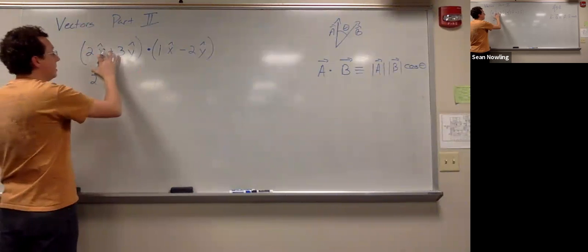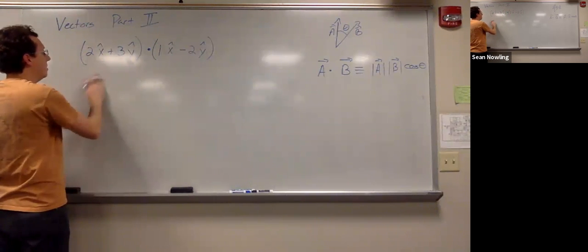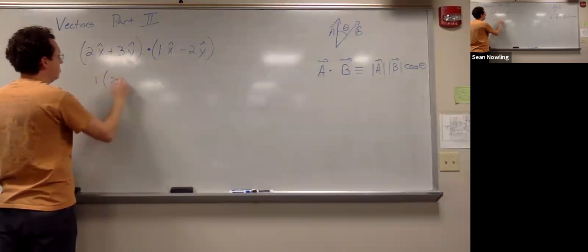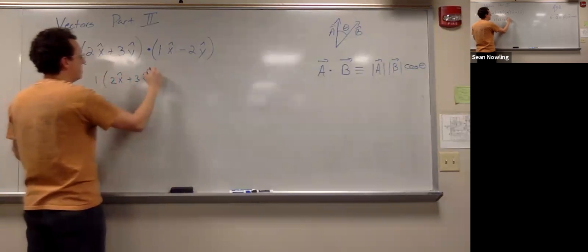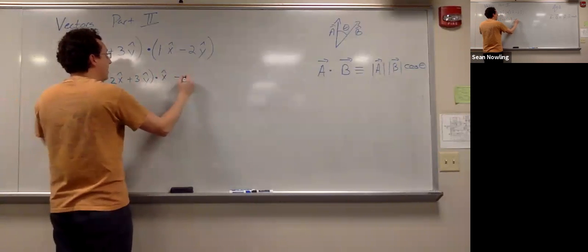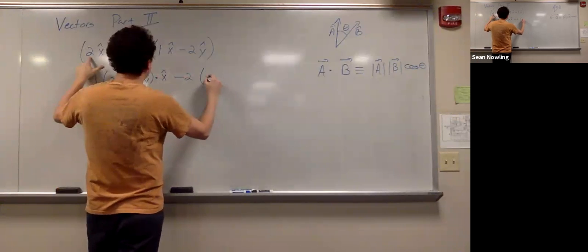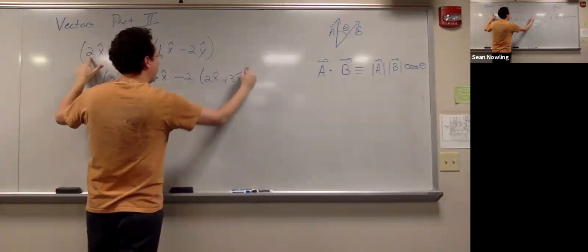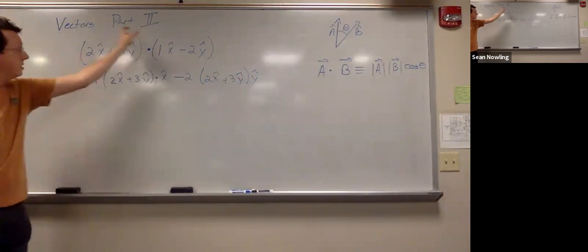So I'm going to distribute this across the sum. So this is going to give me 1 times (2x hat plus 3y hat) dotted with x hat, minus 2 times (2x hat plus 3y hat) dotted with y hat. Okay, so I just distributed this across.